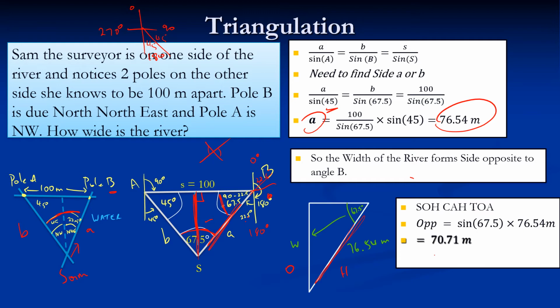So opposite and hypotenuse, that looks like a sine relationship. So the sine of the angle equals the opposite over the hypotenuse. Therefore, the opposite equals the sine multiplied by the hypotenuse. And so that will substitute in as sine 67.5 times 76.54 meters. And that will get you 70.71 meters. So the river is 71 meters wide.